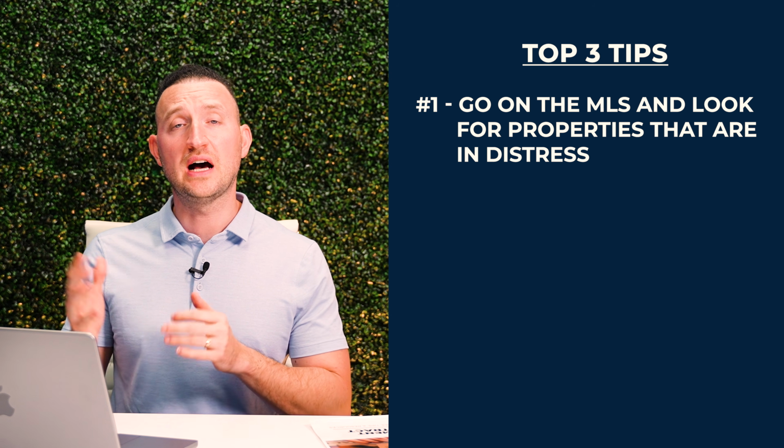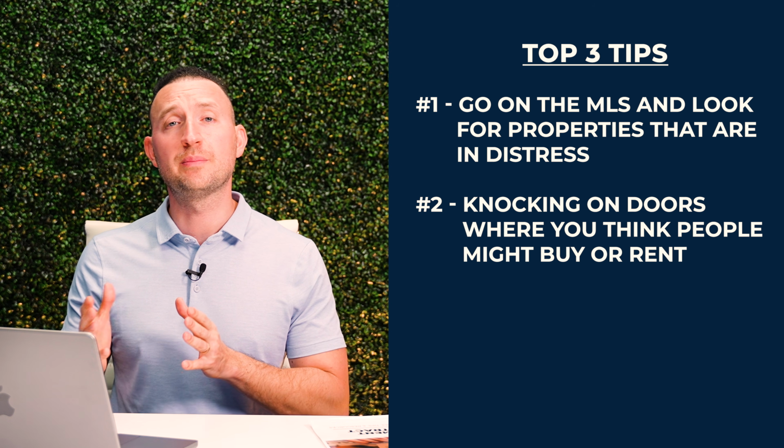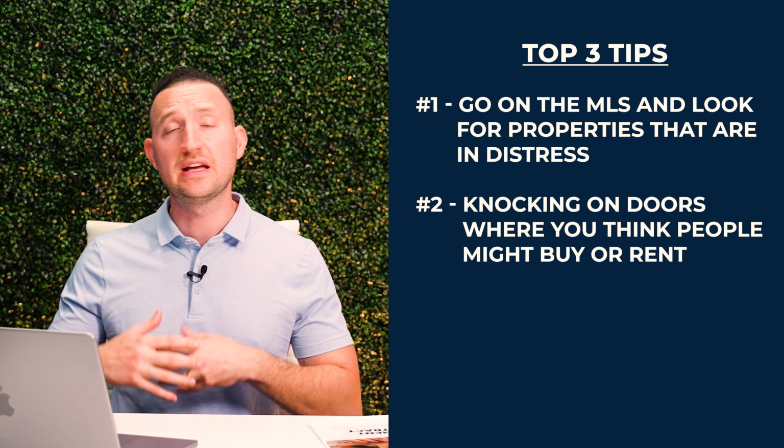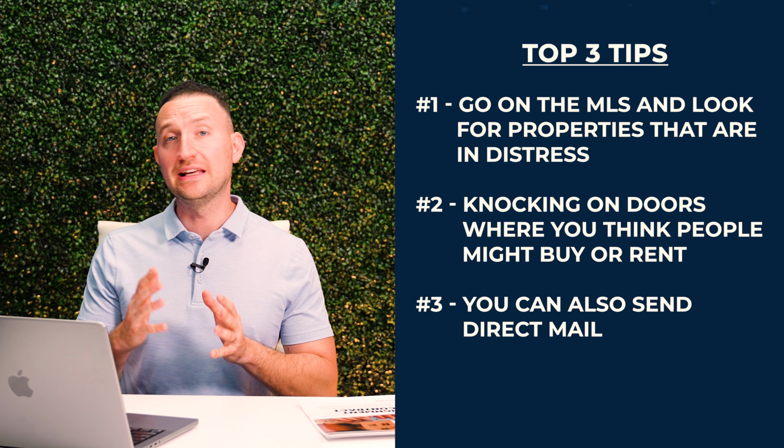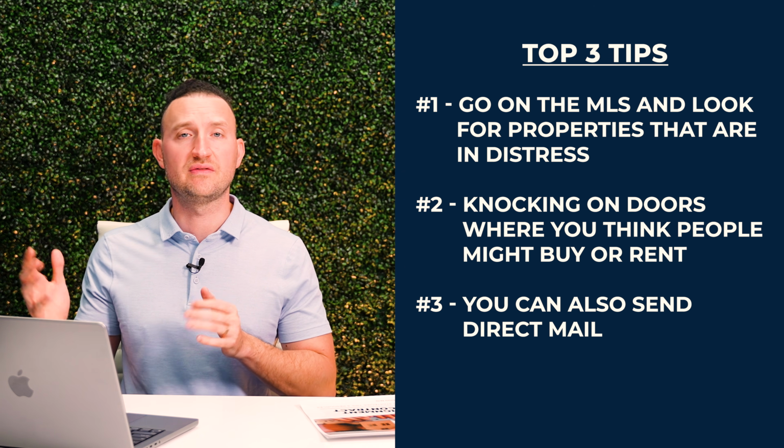You can also go knocking on doors in neighborhoods where you think people might want to buy properties to renovate or rent. You can also send direct mail to people that might be interested in selling, and there's many ways of finding that information. So those are the top 3 things that I have done in the past to find motivated sellers to allow me to put their property under contract and assign it to a willing and able buyer.